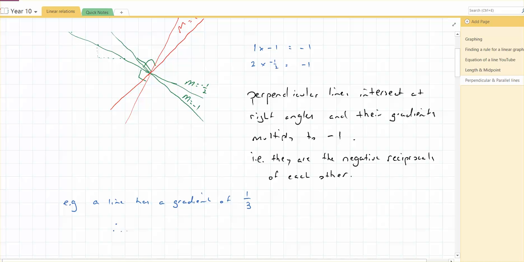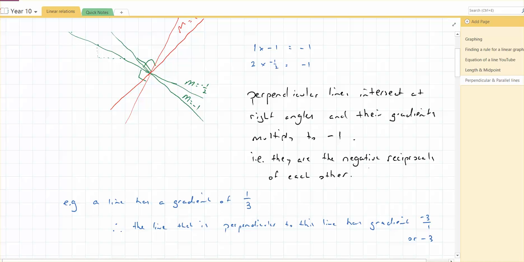Therefore, the line that's perpendicular to this line has gradient -3/1, or just -3. So let's just be careful here.